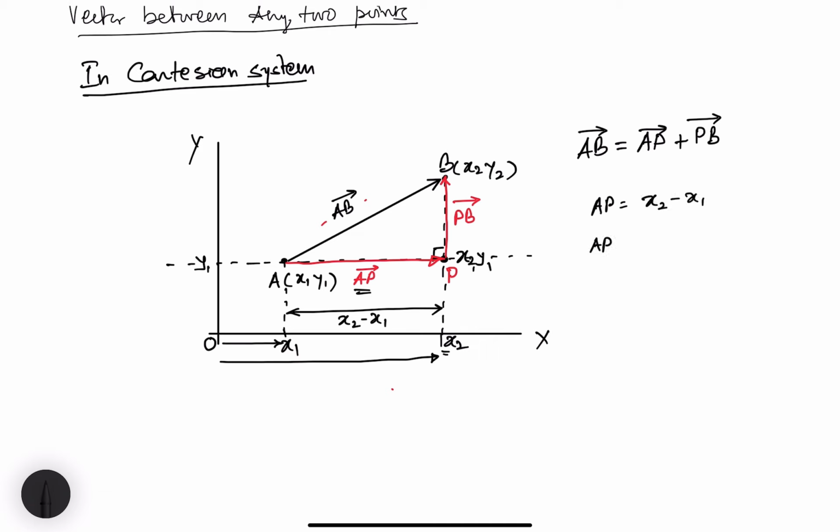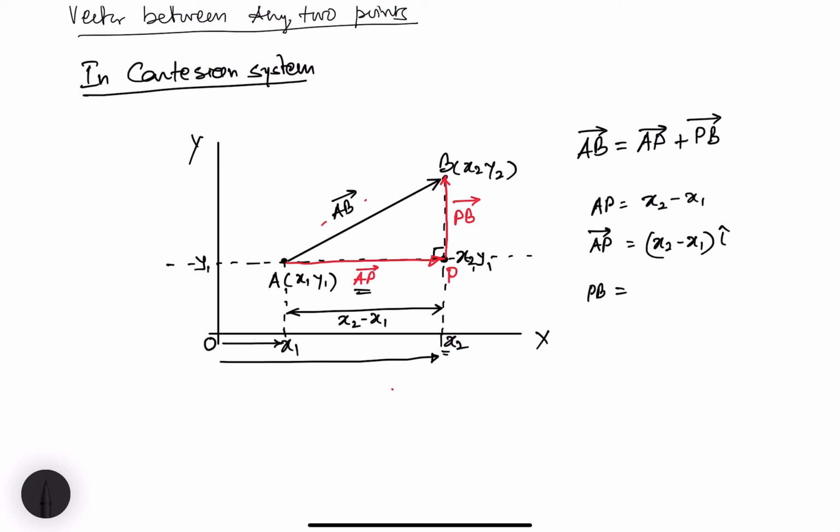So how do we get vector AP then? Remember, this is a magnitude. To get a vector from a magnitude, we multiply by i cap, the unit vector. The unit vector along the x-axis is i cap. So it is (x2 minus x1) into i cap. Correct? Similarly, what will be the length of PB?